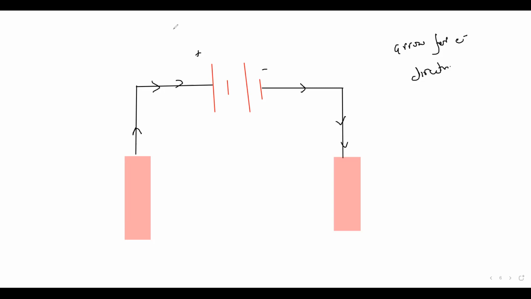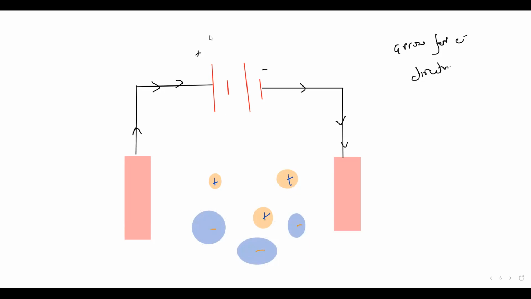And if we want to draw an arrow to show the movement of the ions, as there are positive and negative ions, the positive, and these are the negative ions.